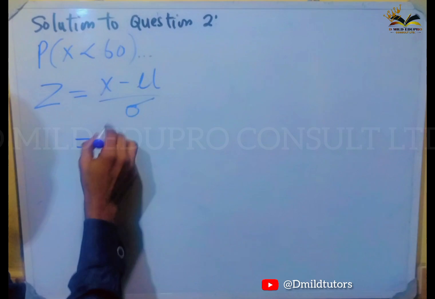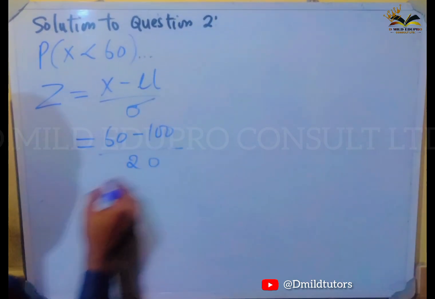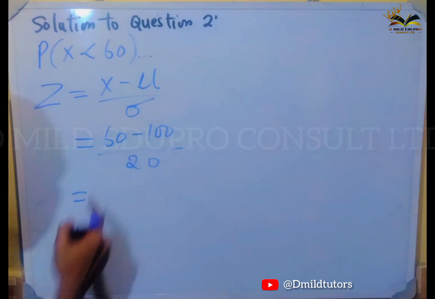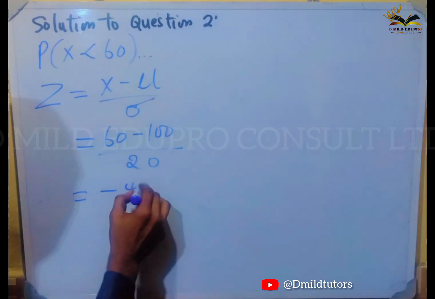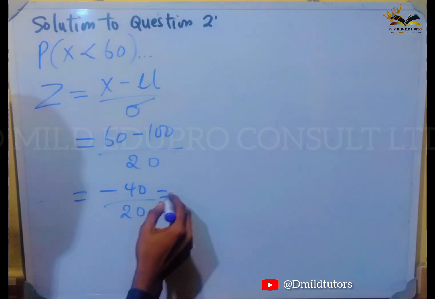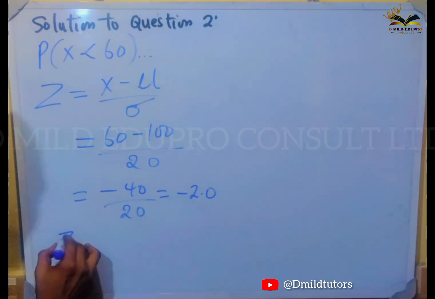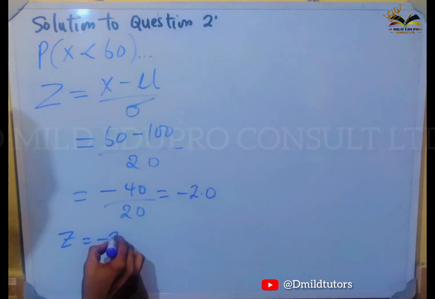So it will be 60 minus 100 divided by 20. At 60 minus 100 you have minus 40, divided by 20, that will give you minus 2.0. That means our z-score is minus 2.0.